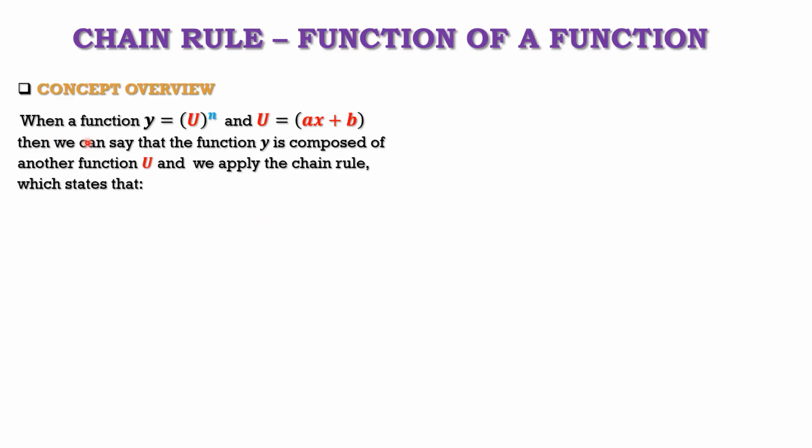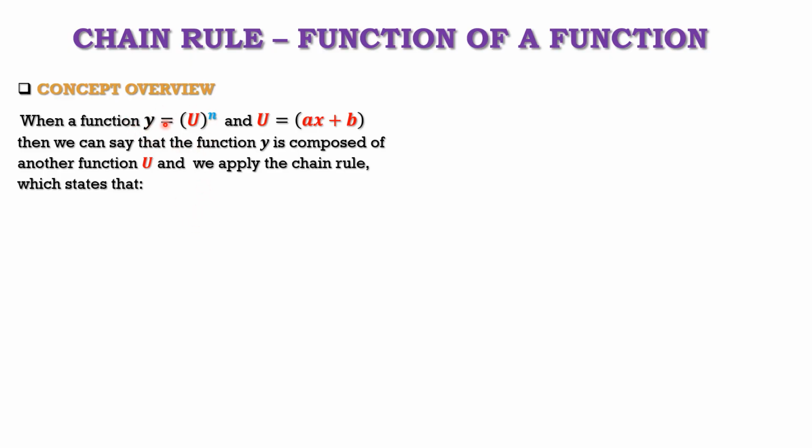So here, when a function y is equal to u power n, and u is another function of the form ax plus b, then we can say that the function y is composed of another function u, which means that u, being the output of this function, now becomes the input of the function y.